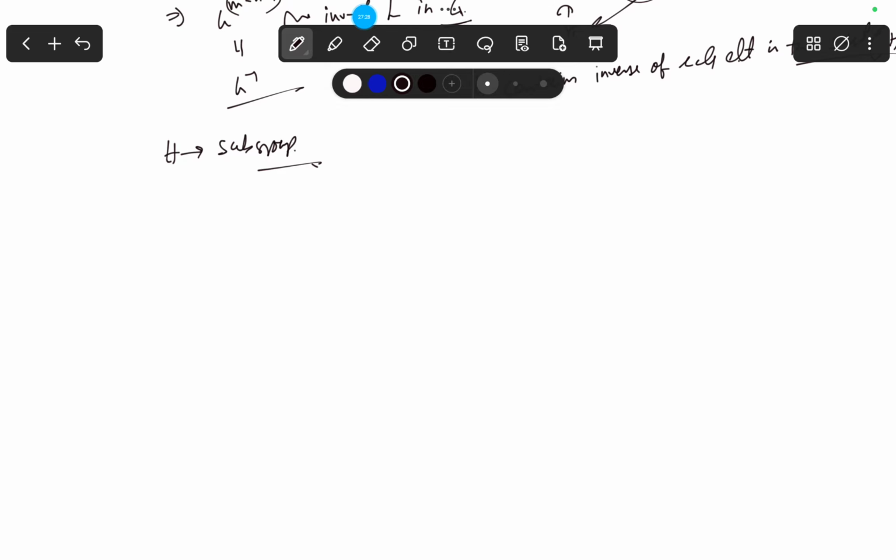Now we have seen several examples, where we said that suppose Z is a group, and if we take the set of all even numbers, this is a subgroup.